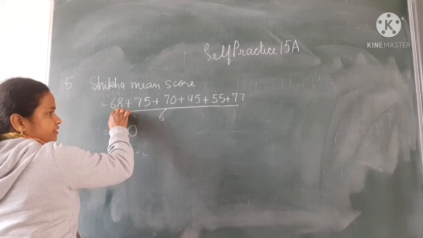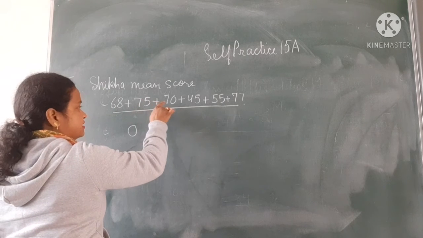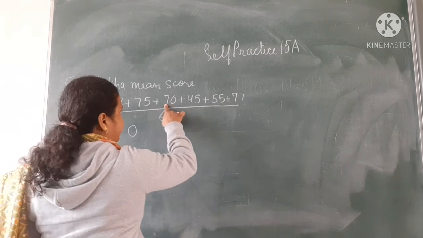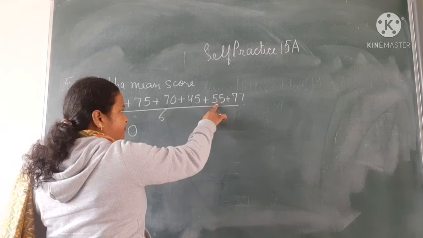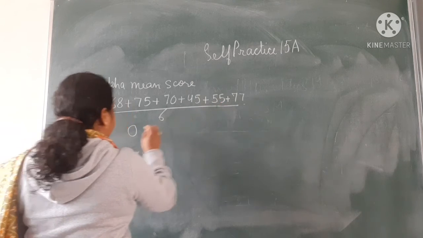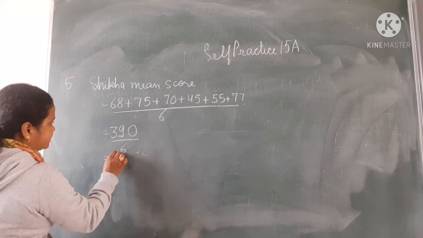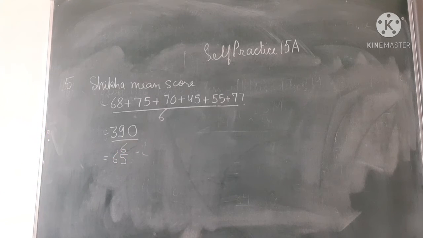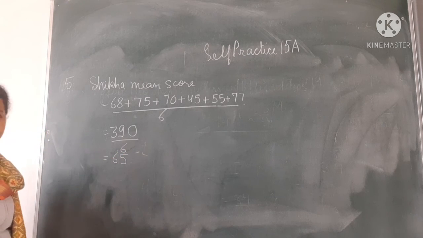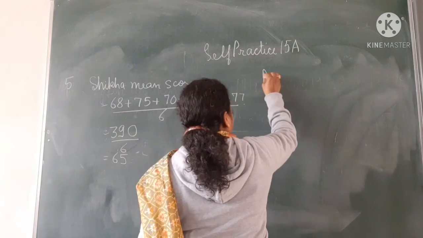Carry 3. 6 plus 3 is 9, 9 plus 7 is 16, 16 plus 7 is 23, 27, 27 plus 5 is 32 and 32 plus 7 is 39. 390 by 6. So 6 6s are 36 and 6 5s are 30. So what is the mean score here? 65 of Shikha. Now Bharti's mean score you have to find.